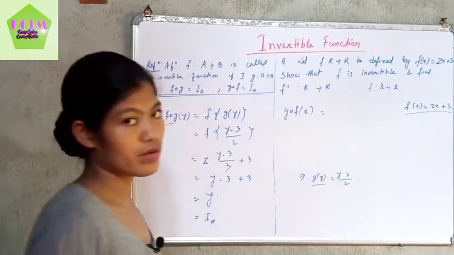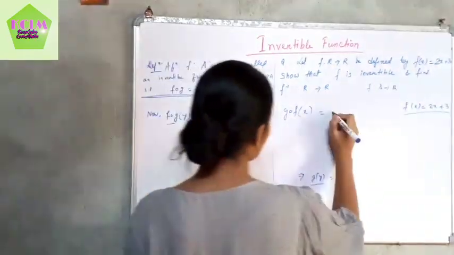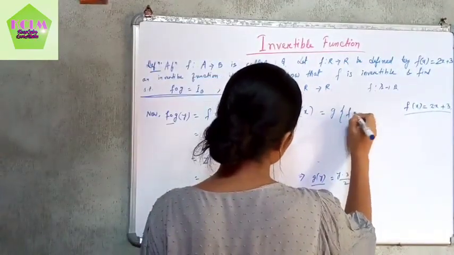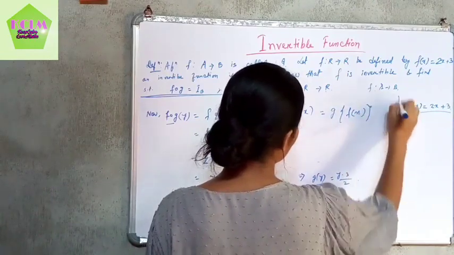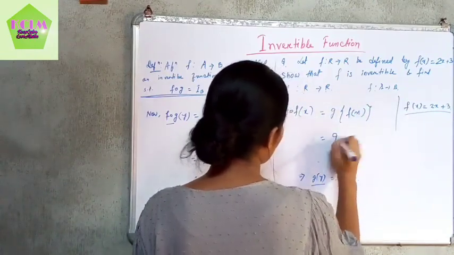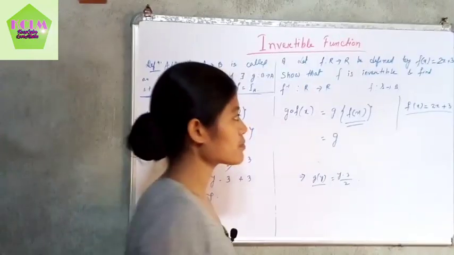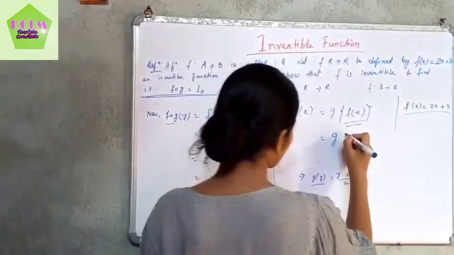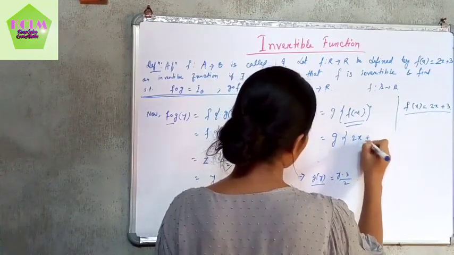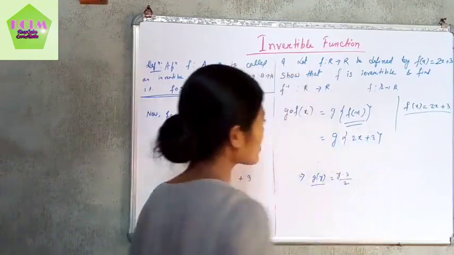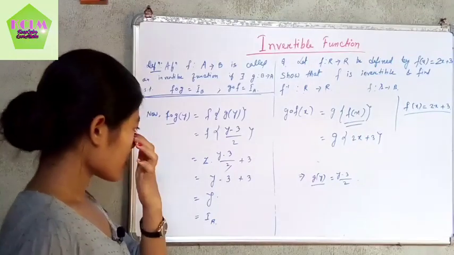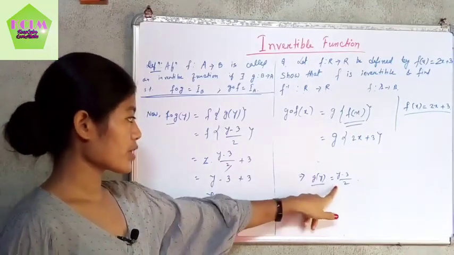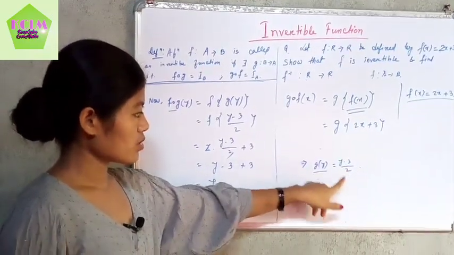By definition, z o f of x is equal to z of f of x, and f of x is nothing but 2x plus 3, so replacing it here, z of 2x plus 3. Again, z of y was defined as z of y equals (y minus 3) by 2.